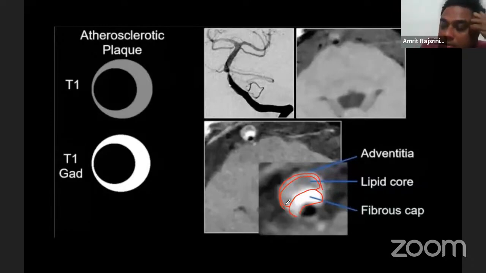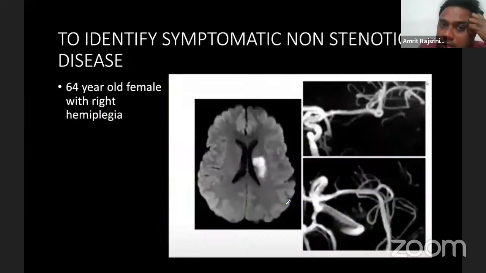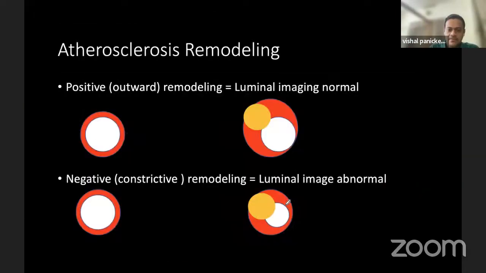And you talked about the remodeling, positive and negative remodeling, right? Yes, sir. So where is positive remodeling common? In the posterior circulation it is usually positively remodeled, and the anterior circulation is more commonly negatively remodeled. And what is the mechanism of stroke in positive remodeling and negative remodeling?